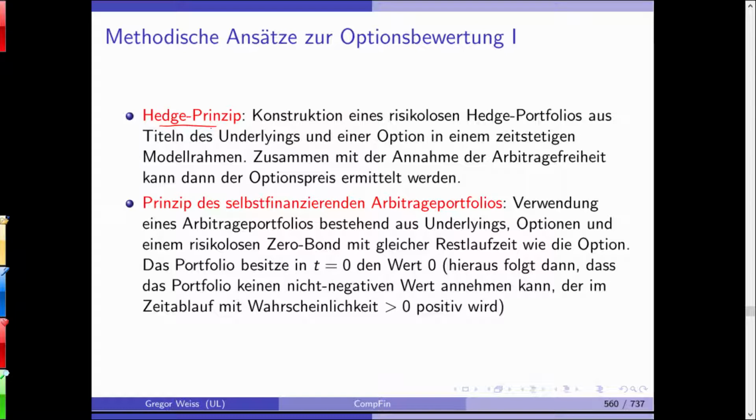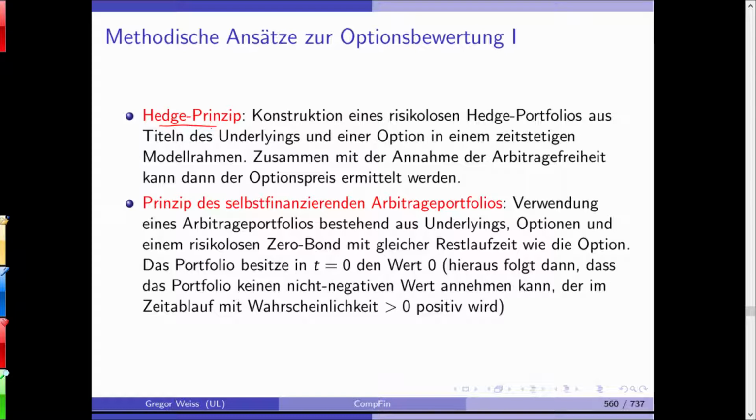If the portfolio consisting of the underlying and the hedging instrument, the option, is risk-free, then for the market to be arbitrage-free it must have the same price as the alternative risk-free investment, whose return is the risk-free rate.